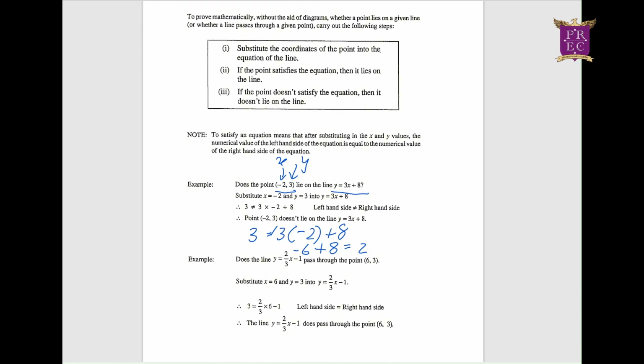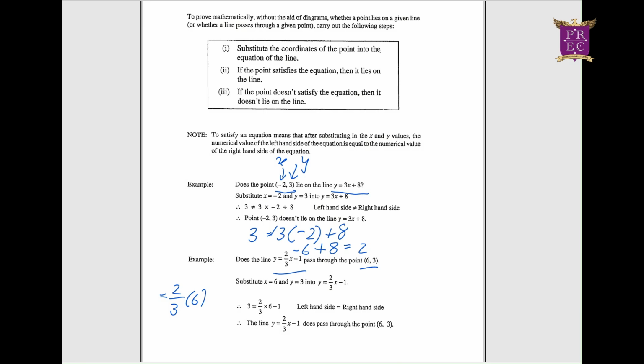Let's have a look at the second example. So we've got this point 6 and 3 and the line here, y is equal to 2 on 3 x minus 1. Let's substitute it in. 3 is equal to 2 on 3 times 6 minus 1.